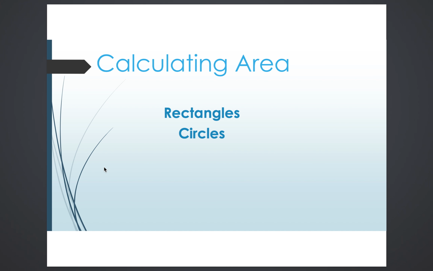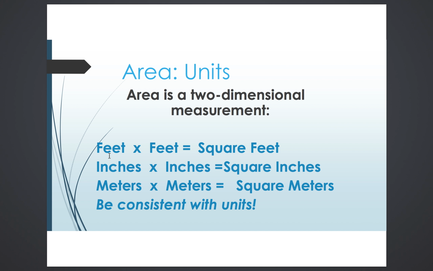So when you take area, you are multiplying two linear measurements, feet by feet, inches by inches, meters by meters, and as long as your units are the same, you're going to get a two-dimensional measurement, right? Square feet, square inches, square meters.